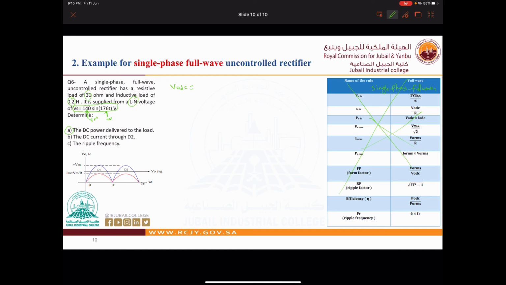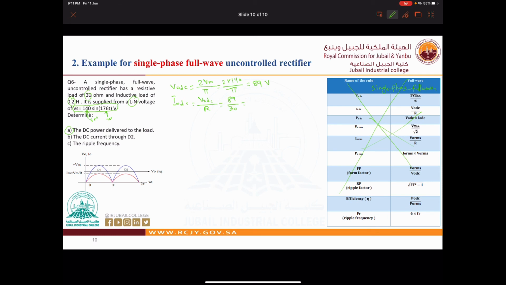Now, V output DC is 2 V maximum divided by pi, which is 2 multiply 140 divided by pi. So it should equal 89 volt. Now I out DC is equal to V out DC again divided by R, which is 89 divided by 30.